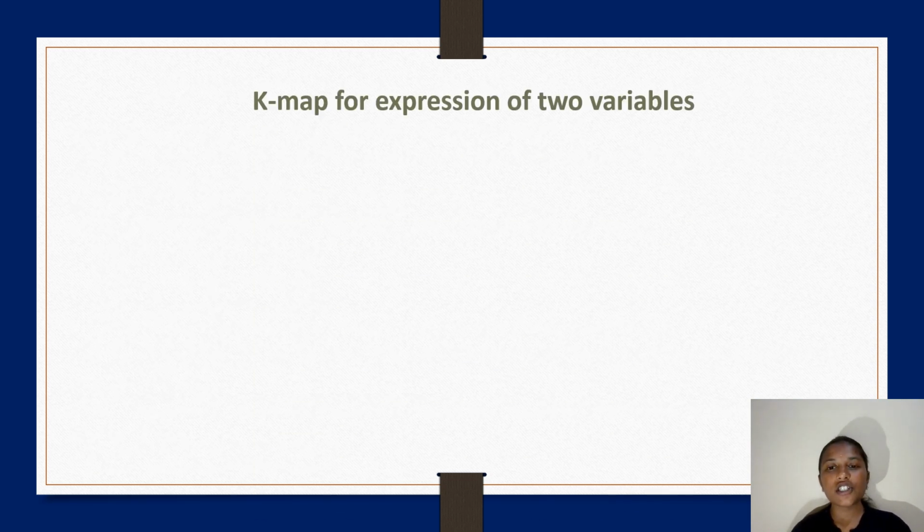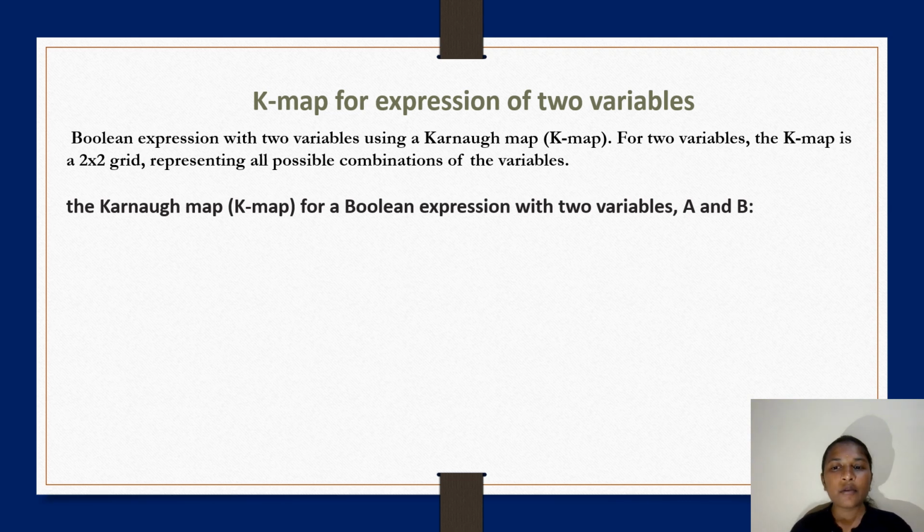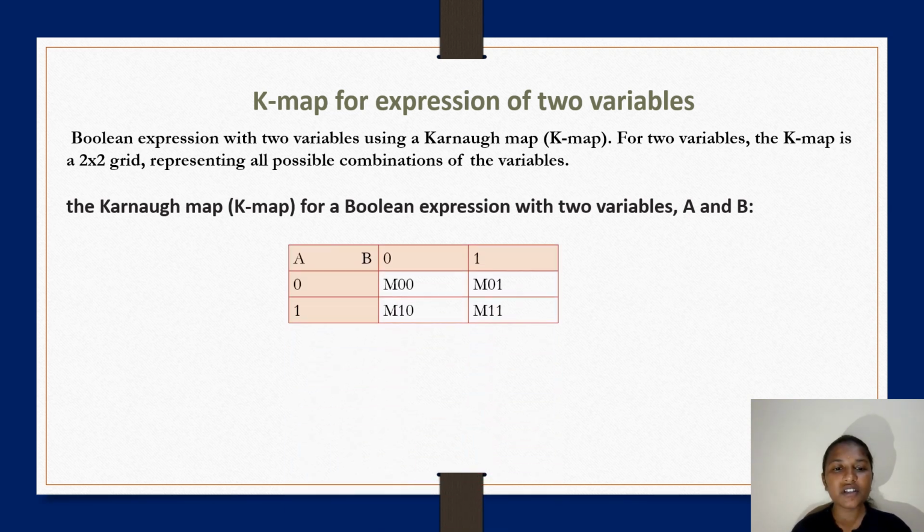K-map for expressions of 2 variables. Boolean expression with 2 variables using a K-map. For 2 variables, we are going to create a grid of 2 by 2, which represents all the possible combinations of the variables. I am going to use my 2 variables A and B for this K-mapping.